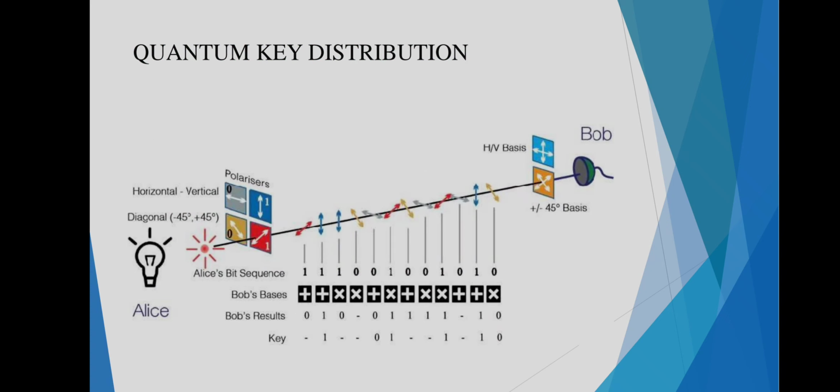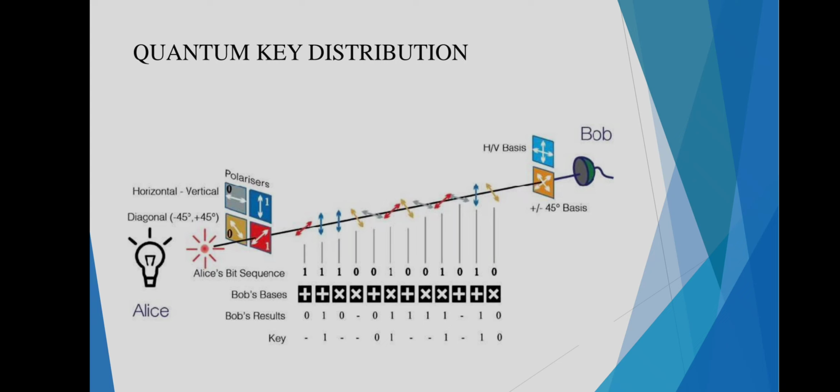Next, quantum key distribution. Here Alice sends the messages to Bob. We can see that photons of light are used and polarizers are there, either horizontal or vertical or diagonal. Alice's bit sequence is shown in the figure, and in this figure we can see that photons may be in any directions.